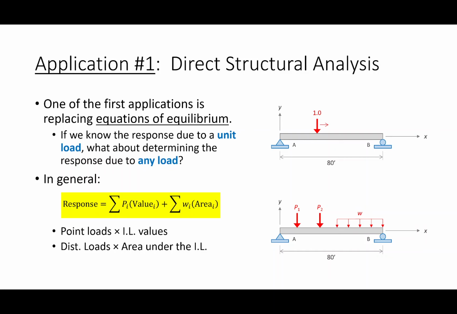If I want to find the reaction at A, I will draw the influence line for the reaction at A. Then I will take P1 times whatever the value on the influence line is for the reaction at A, and P2 times whatever the value is on the influence line there. So I will sum up the point loads times their associated values on the influence line. For the distributed loads, I'll take the distributed load and multiply it by the associated area under the influence line at that point.